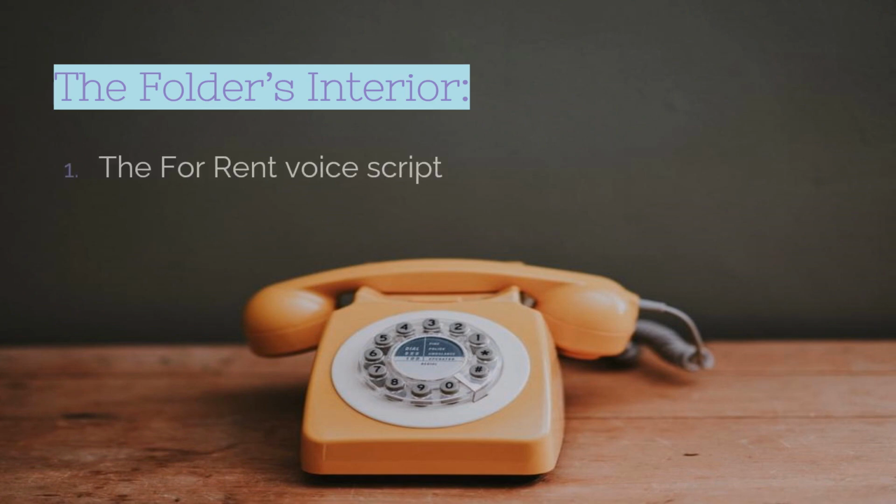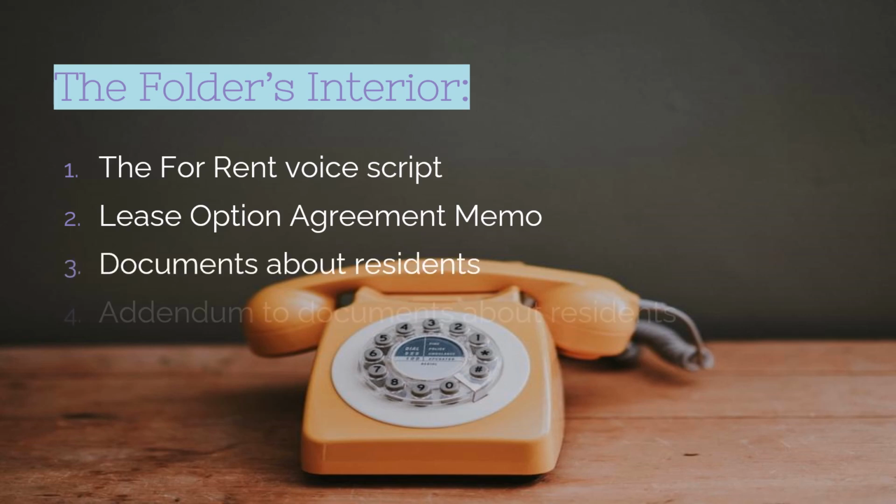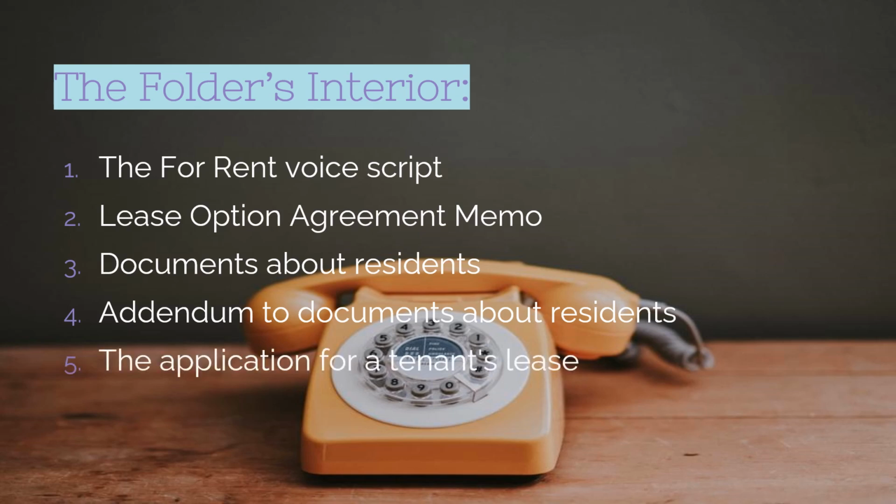The rent voice script, lease option agreement memo, residence document, residence addendum document, and the tenant buyer application are all included in the package. Purchase the rent voice script, examine it and familiarize yourself with it.